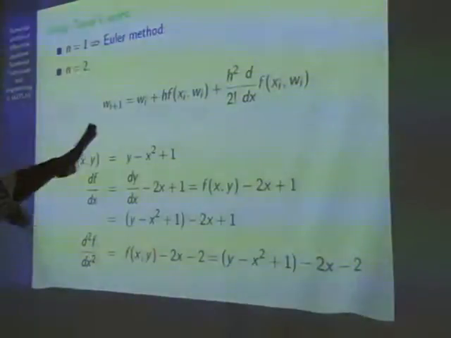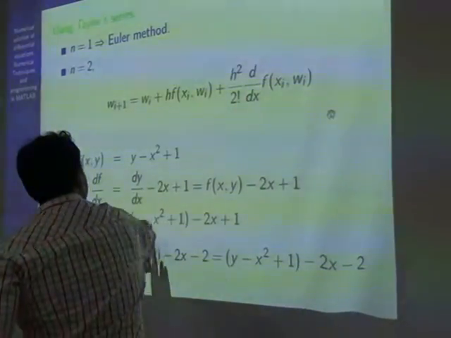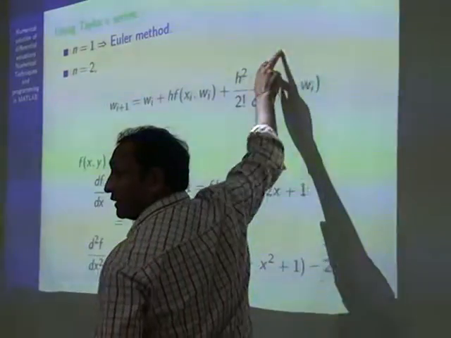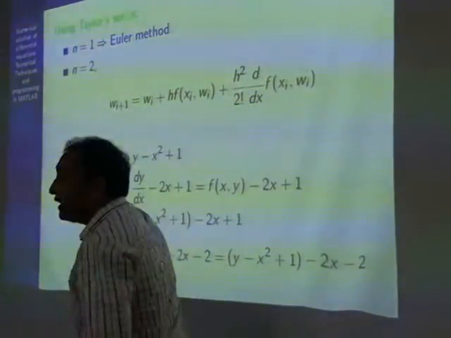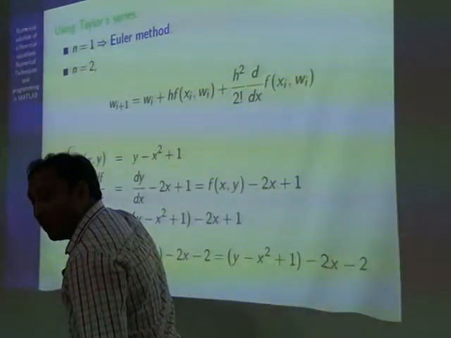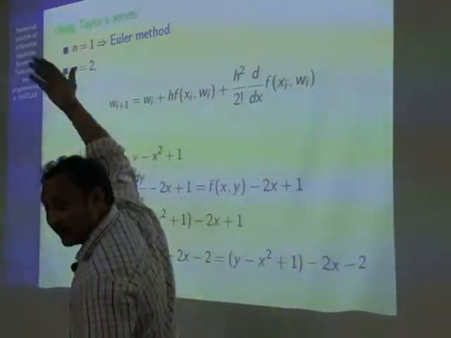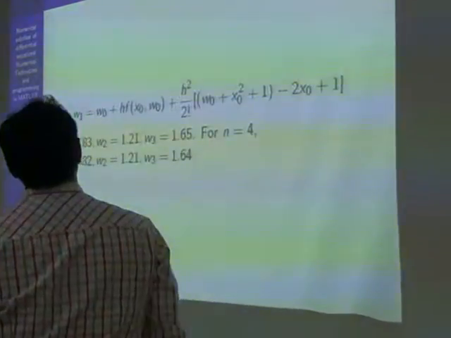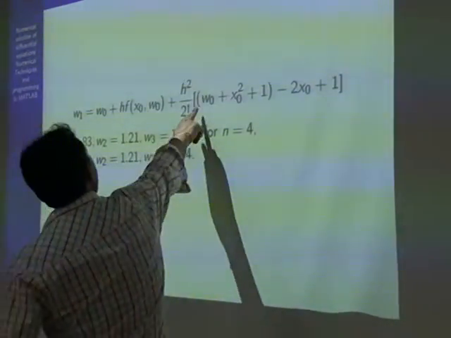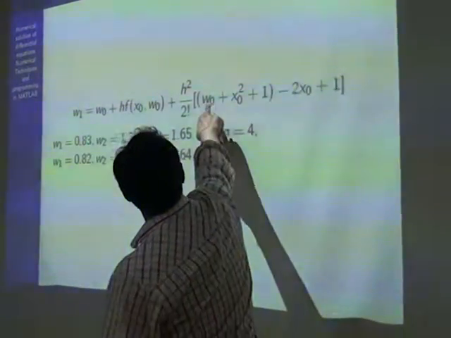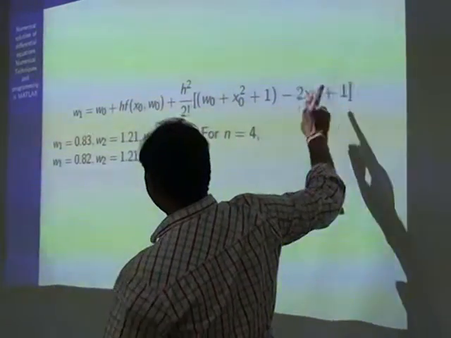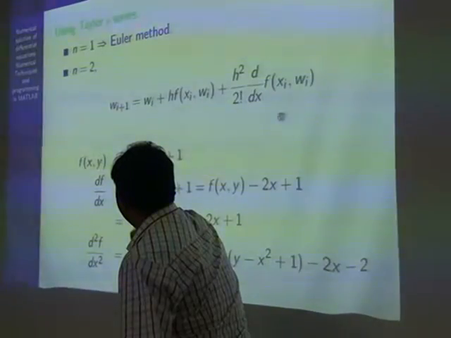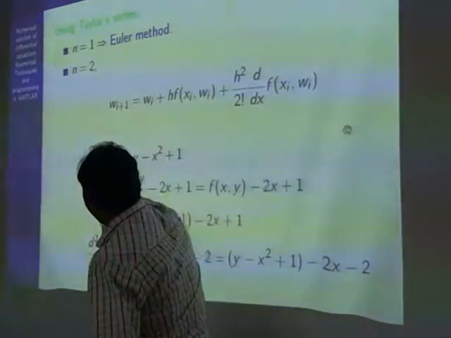I want only the first derivative here, correct? If you go to n equal to 3, you need the second derivative. If you go to n equal to 4, you need the third derivative. So this is what the scheme is. How do you get this? You go back, because the formula is y minus x square, a function of x, y.